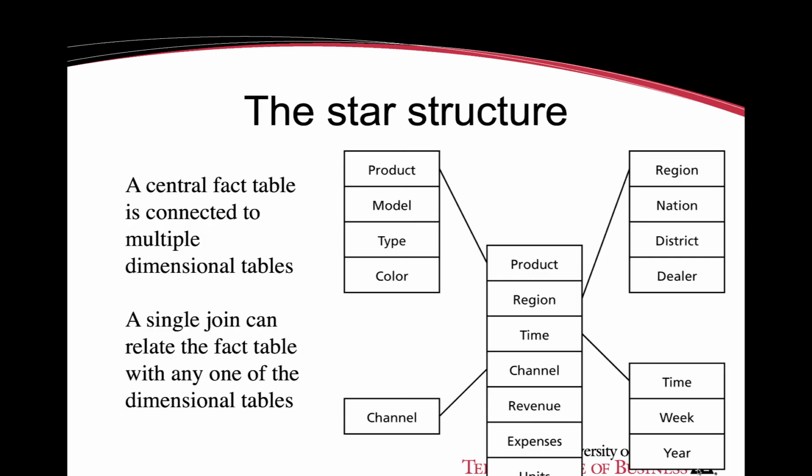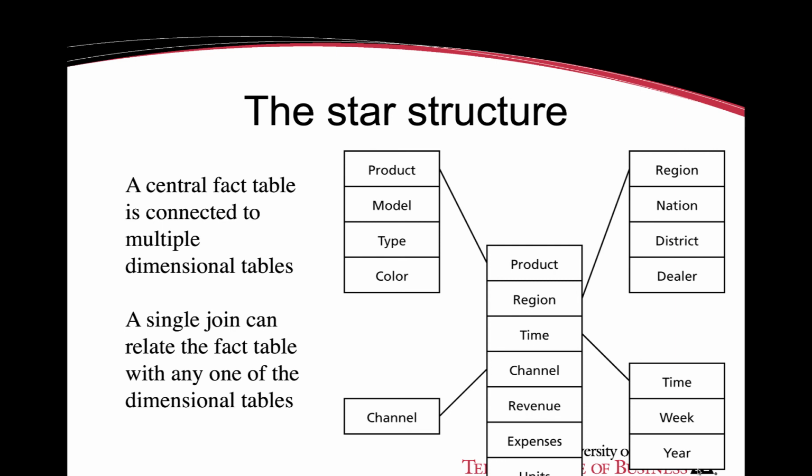An OLAP system relies on a structure known as the star structure. In a star structure or star schema, one finds a central fact table that is connected to a variety of dimension tables. For instance, one might have a fact table about transactions within the organization.